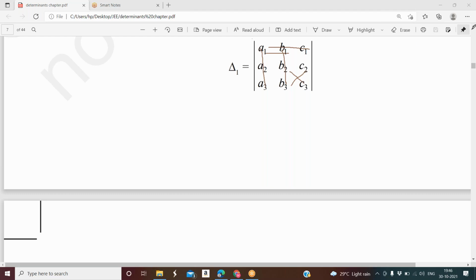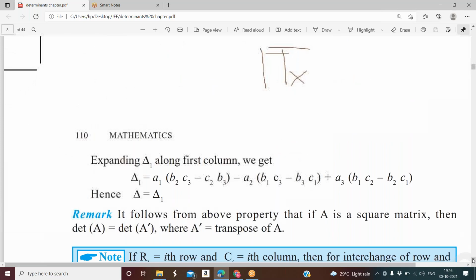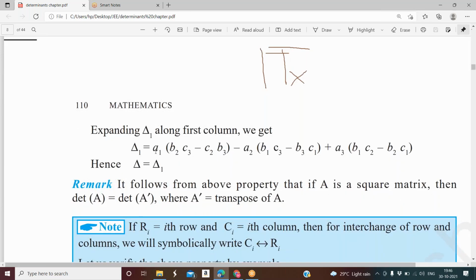See that both the values are the same. This is the determinant value of delta, and this is the determinant value of delta 1. Since both are the same, if rows and columns are interchanged, the value of the determinant will not be changed. So that is the first property.